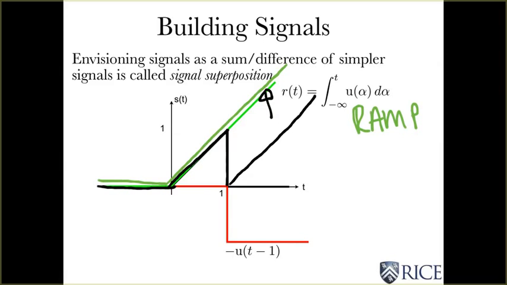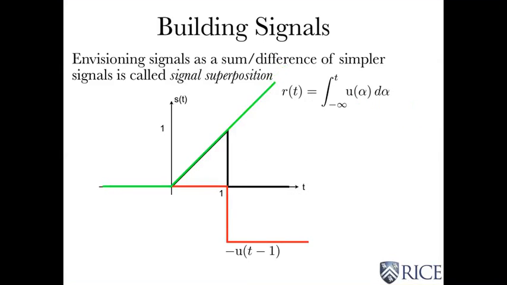We want something that cancels this ramp part in this area, only in that area. What would you do? Think about that for a second. What signal could you add out there or subtract to make that part disappear? I think you know what the answer is. The answer is a delayed ramp.